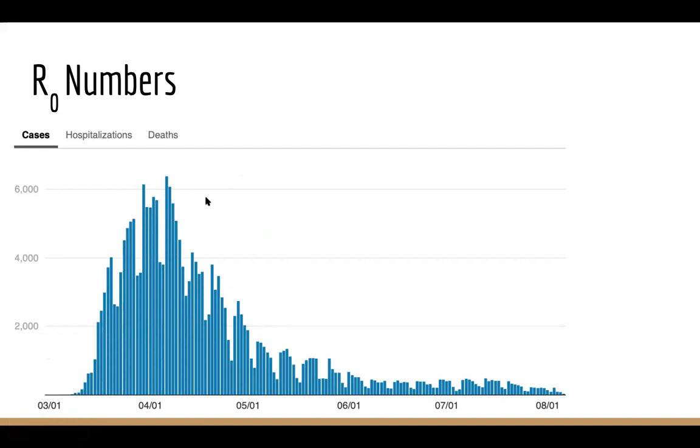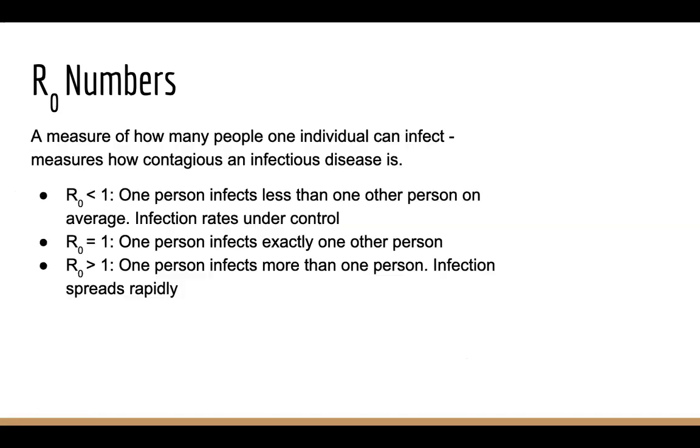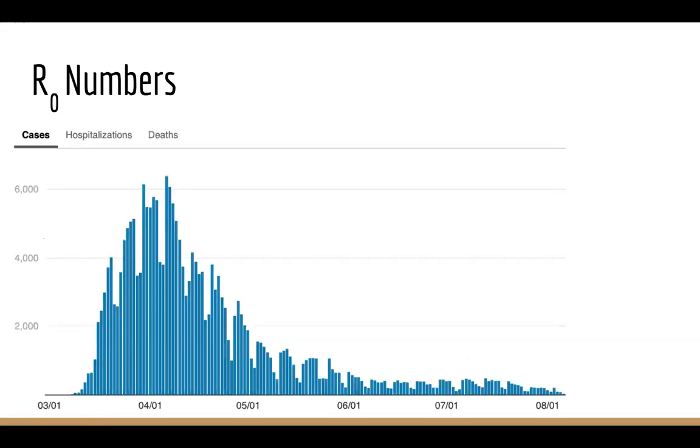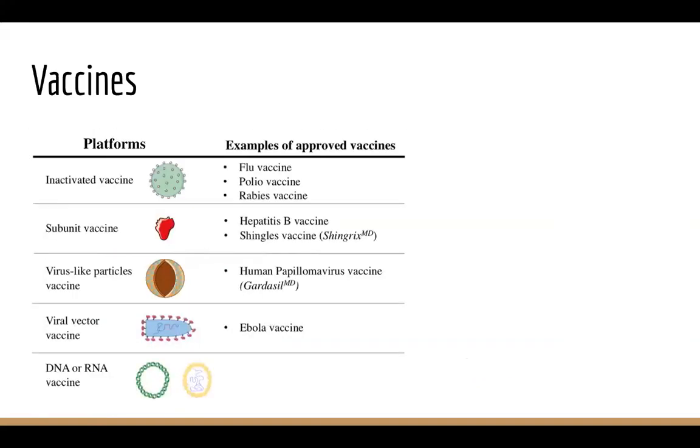This is when New York State was blindsided by COVID. And then over the summer, in the summer of 2020, we see that the R-naught was much less than 1 because the infection rates were under control, and one person in general infected less than one person on average.